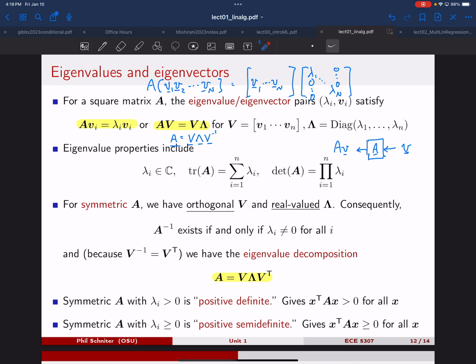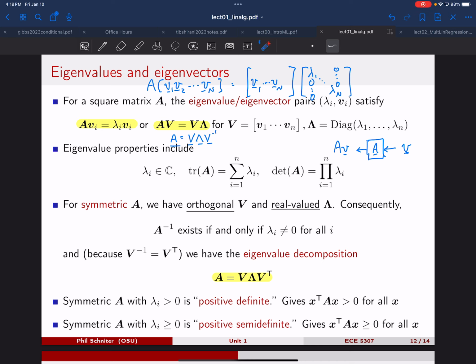And there's a nice interpretation of this in terms of, again, A as this black box. It's basically saying that if you multiply A by a vector on the right, that vector is first going to go through the V transpose operation, then a lambda operation, then a V operation. And remember that when you have an orthogonal V, that's just a rotation.